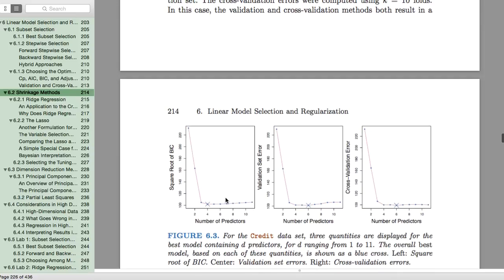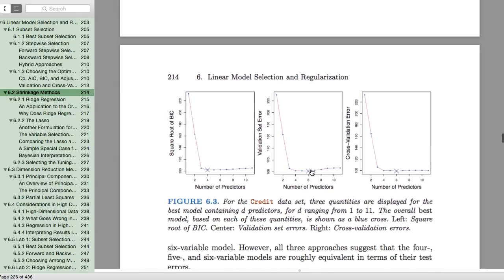So here are a number of other methods that we can use. We talked previously about using cross-validation approaches in the last chapter. And here's validation set error and cross-validation set error. You can see that the results are extremely similar to the Bayesian information criterion. They give very similar results. These models here from 4 to 6 predictors have almost the same level.